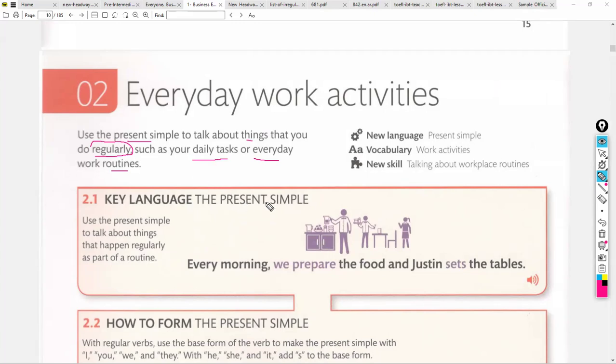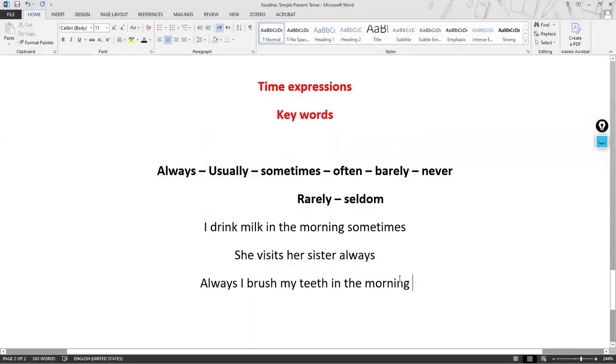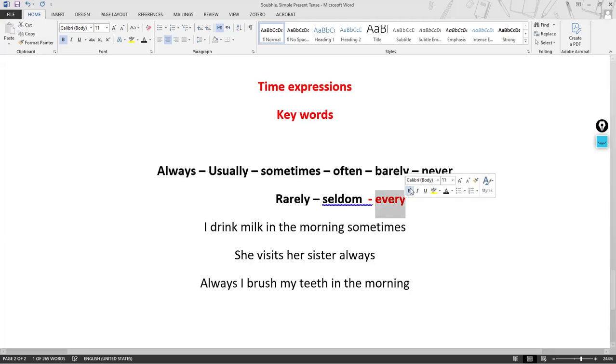So here we have the example: every morning. Every is a keyword. Maybe I forgot to write it in the file, I'm sorry. Every is a very important keyword, so I have to add it to the list of keywords or time markers.